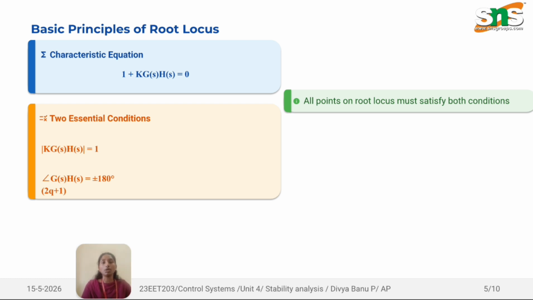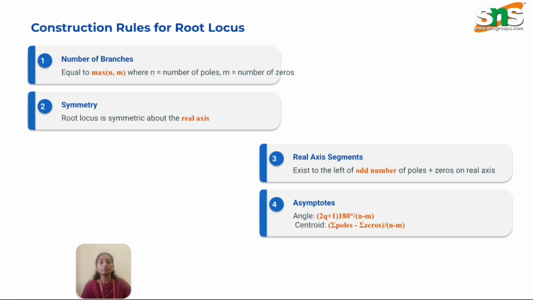G of S is equal to some numerator by denominator, and all points on the root locus must satisfy both the conditions. The construction rules of root locus: the first one is the number of branches, which we determine from the number of poles and number of zeros. From the given characteristic equation, we can determine the number of poles and zeros.